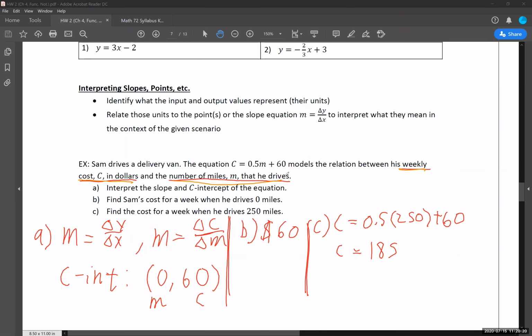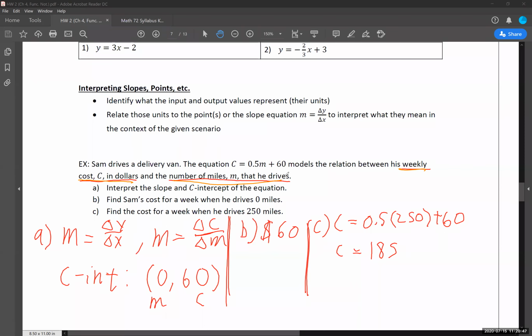Write that out for yourself or underline it in the problem, something that makes it stand out to you, so you know m represents this, c represents this, and each variable represents one thing. However you can keep that organized for yourself, do it. If that means you have to write something else somewhere else on your paper, go for it.